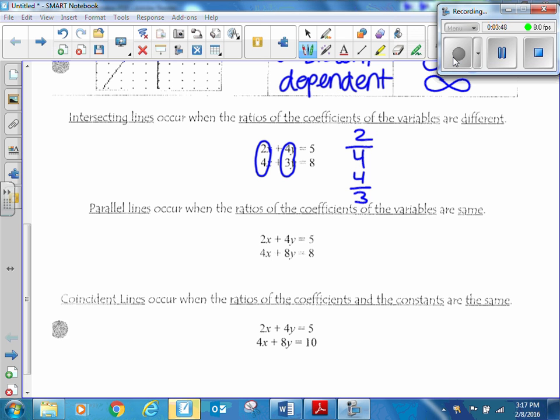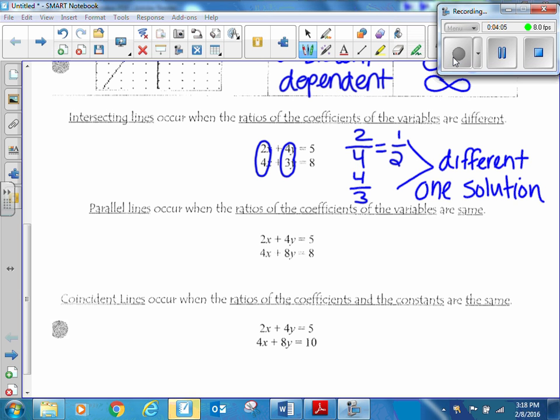And 2 over 4 will reduce to 1/2. When the coefficients are different, that means we have one solution, and you could go ahead and find it if the question asks you to.